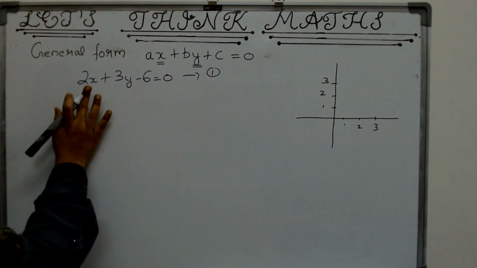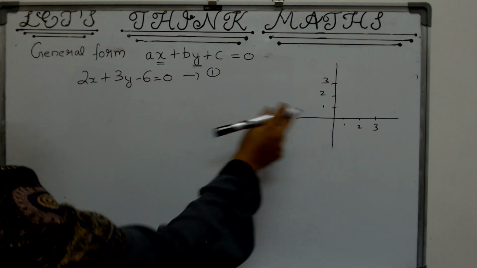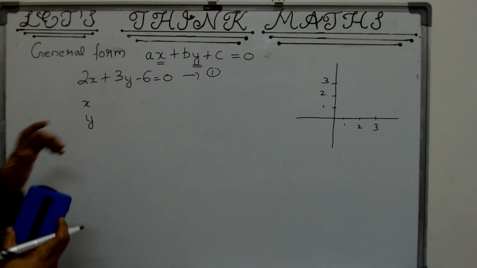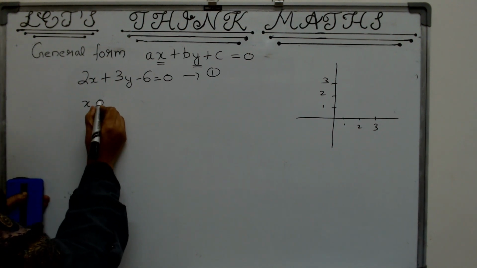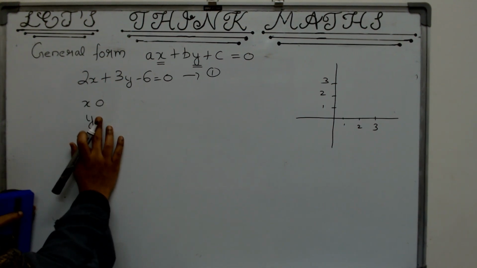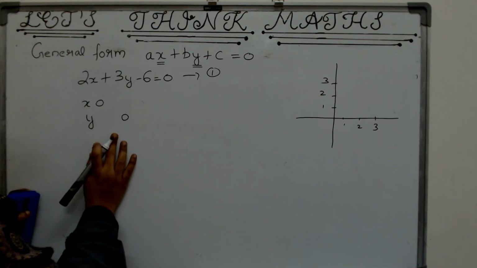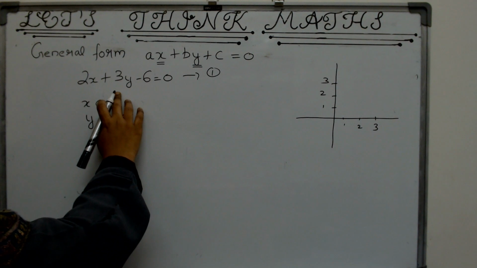So how do we draw this line on this plane? Give values to x and y. Put x is equal to 0 and find what is the corresponding value of y. And then put y is equal to 0 and find the corresponding value for x.